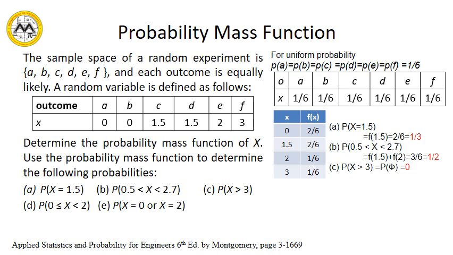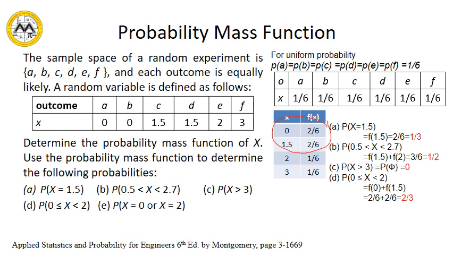Next, the probability of x is greater than or equal to 0, but less than 2. To solve for this probability, we take note of the values greater than or equal to 0, but less than 2. So it would be f of 0 plus f of 1.5, which is 2 over 6 plus 2 over 6, or 4 over 6, which is equal to 2 over 3.